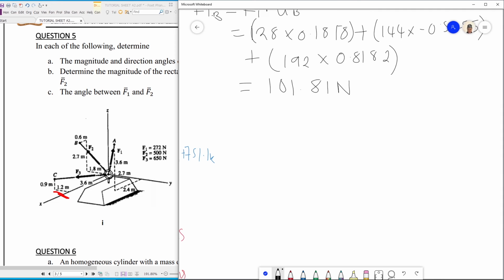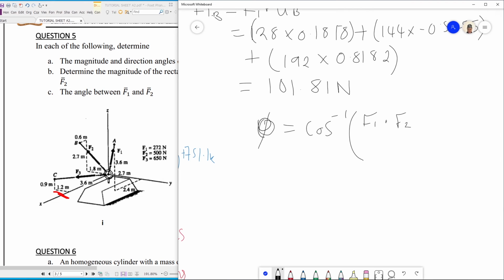But if you are using the forces themselves, then the angle phi is equal to the cos inverse of F1 dot F2 over the magnitude of F1 multiplied by the magnitude of F2.